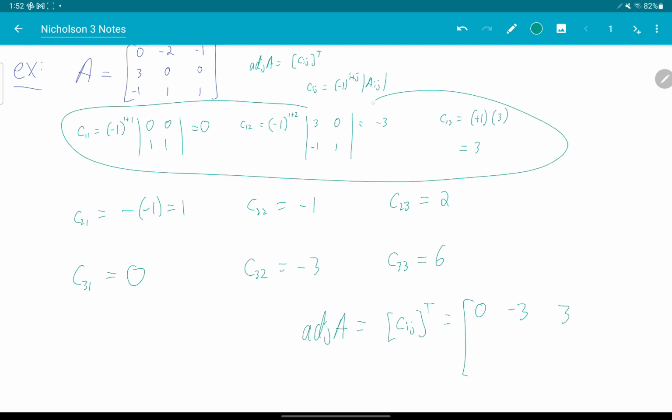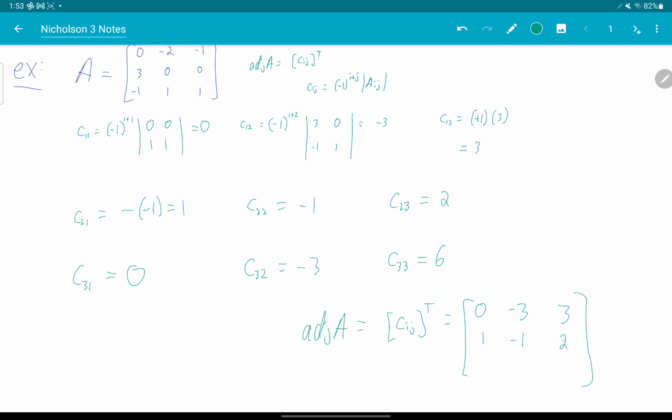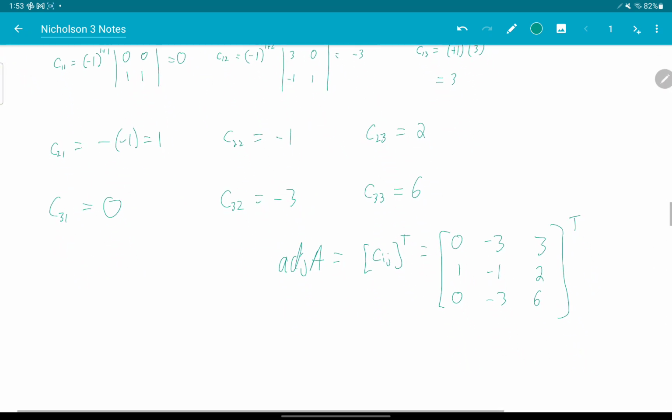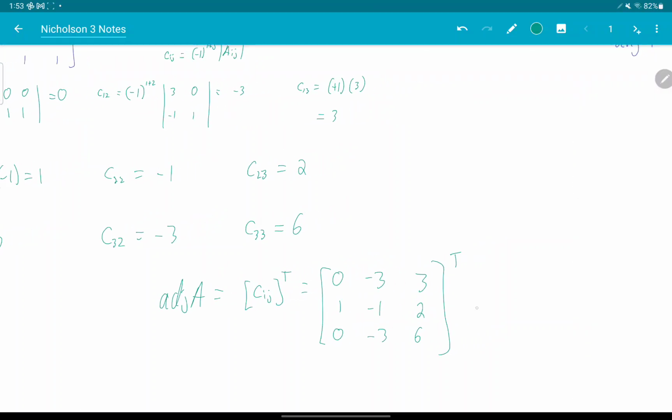Okay, so I took these numbers first, and 1, negative 1, 2, 0, minus 3, 6, and then I transpose. I may have a mistake here, but I'll fix it up later if I do. So you take the cofactors, you put them into a matrix, and then don't forget to transpose, because forgetting to transpose is a common mistake.